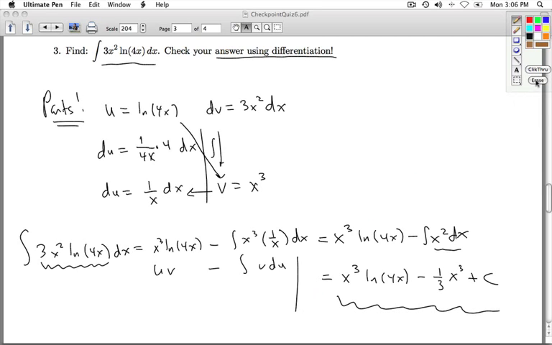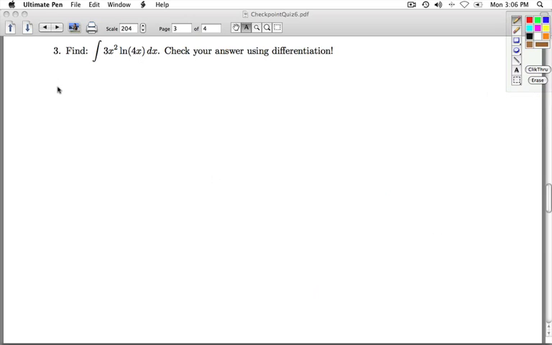How do we check this? Well, we take the derivative. Since I used integration by parts to evaluate this integral, I'm going to need to use the product rule when I take the derivative.